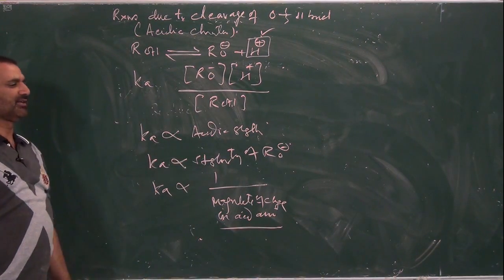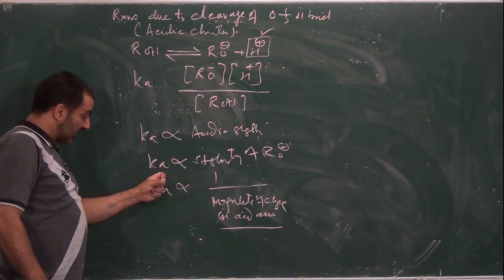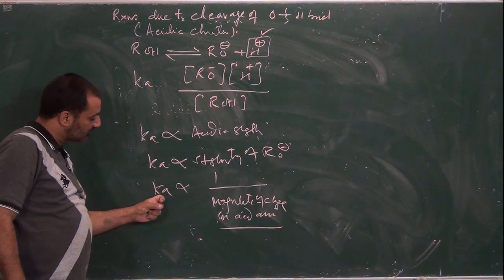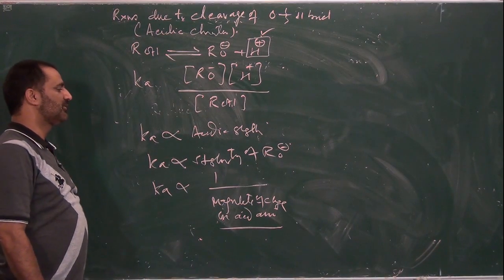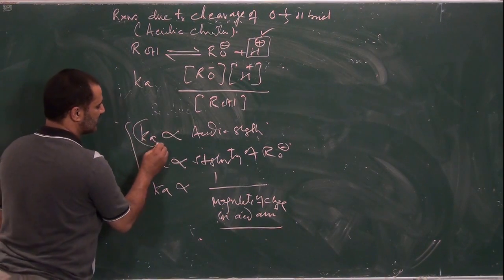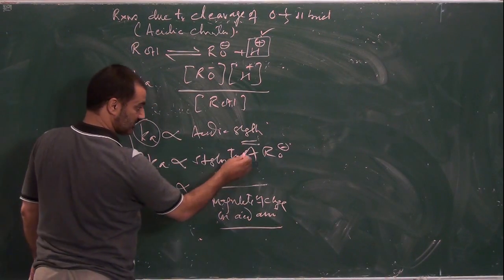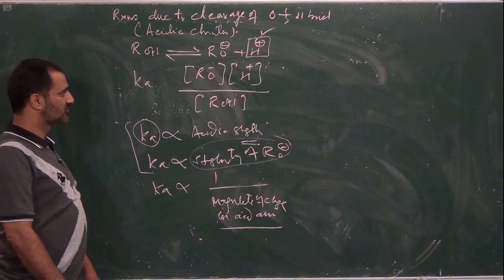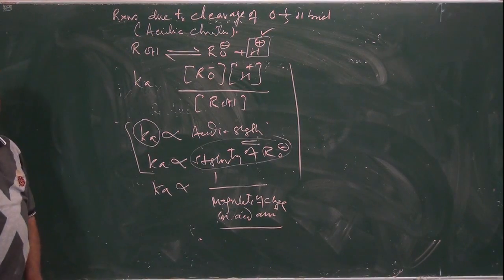Higher the value of Ka, more will be the acidic strength and more will be the stability of the acid anion. Higher the value of Ka, lesser will be the magnitude of charge, or higher the magnitude of charge, lesser will be the value of Ka. Combining the two, Ka is directly proportional to the stability of acid anion, and this stability is inversely proportional to magnitude of charge.